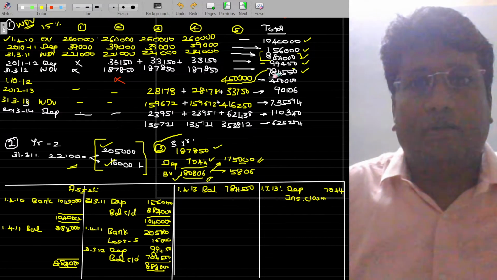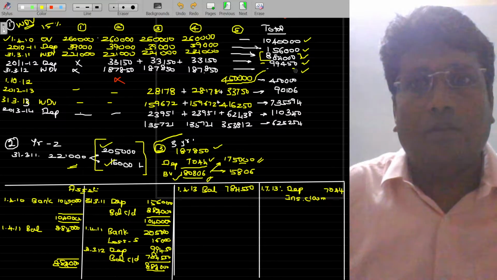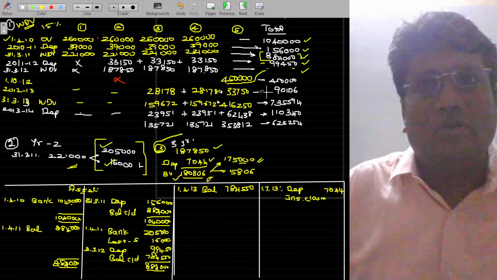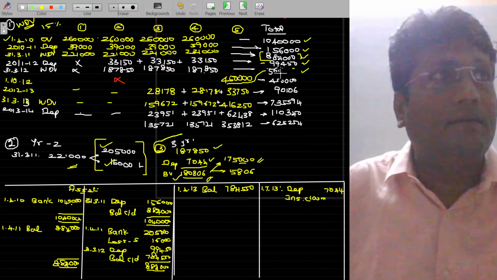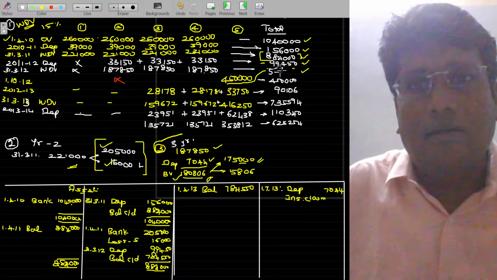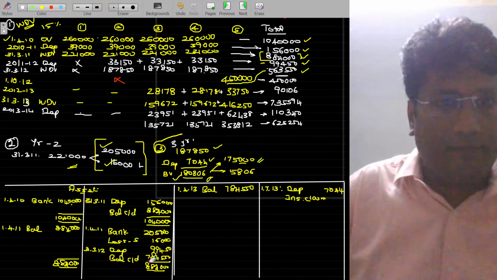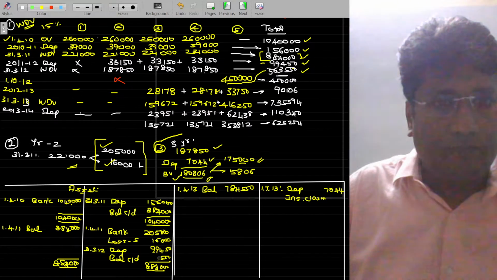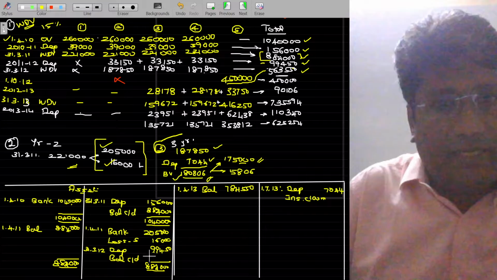Tell me what's the value? 5 lakhs 60... 550. Okay, I'll stand corrected here. This value is now corrected. 5 lakhs 63,550.